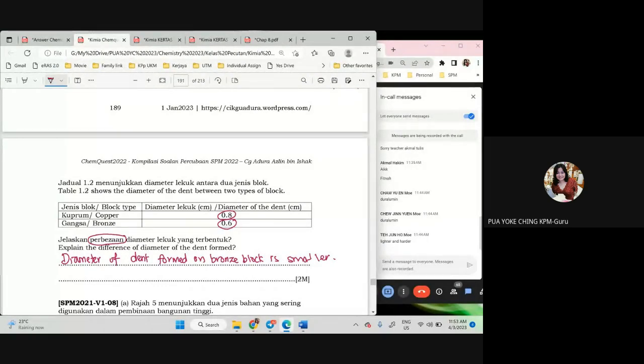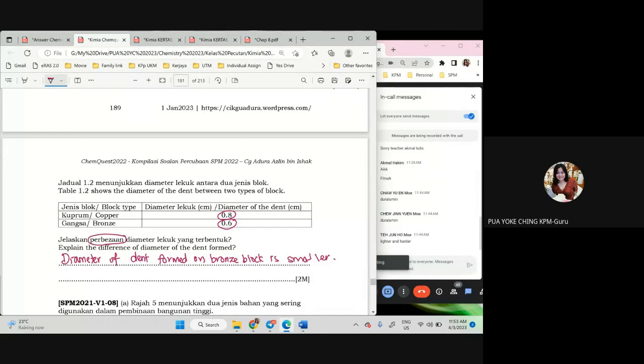Okay, that's why I kata sekarang dia suka sangat tulis jelaskan perbezaan. Dia tak suruh you compare. Kalau dulu, syllabus lama is very straightforward. They ask you, okay, compare the diameter of the dent form. So, pelajar akan terus compare. Oh, ni besar, ni kecil.